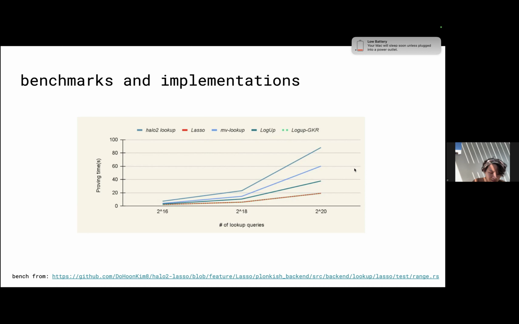The goal here is that you want people who write their circuits in Halo 2 to be able to just port over their circuits without changing anything. That would keep you in the Halo 2 ecosystem. But besides the front end API, I don't think there's that much in common across different Halo 2 forks.